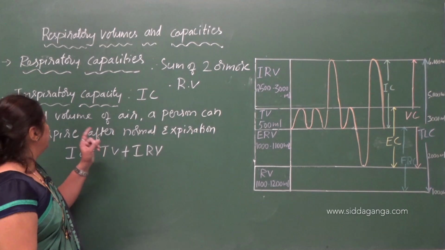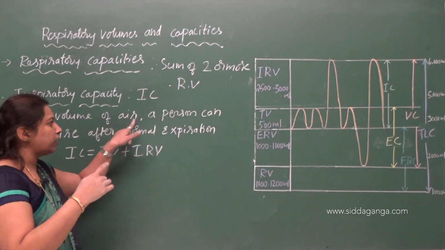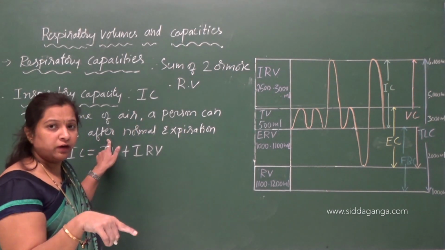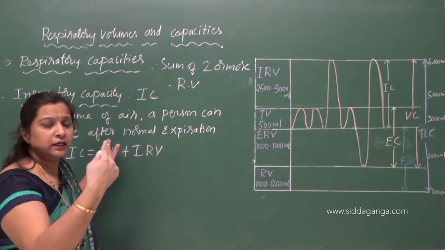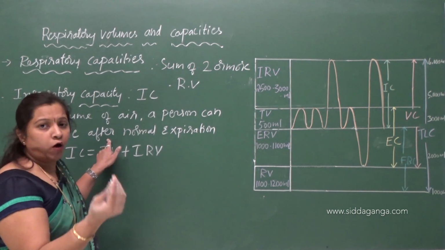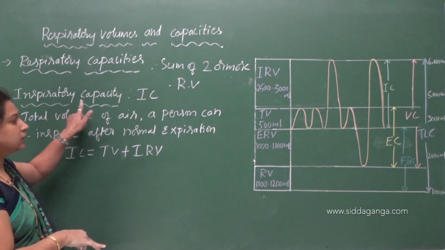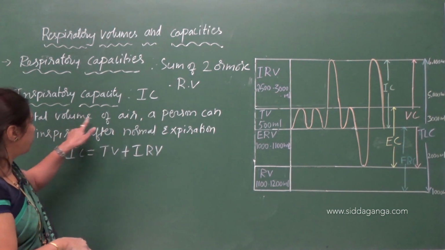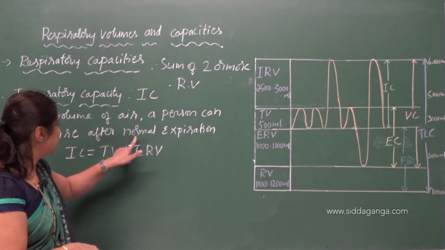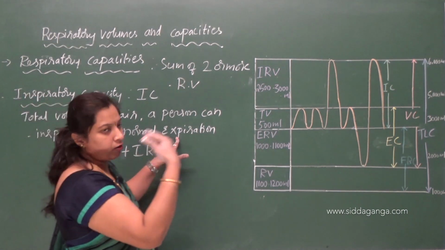See how we define inspiratory capacity: the total volume of air a person can inspire, whether we are breathing normally or forcefully. So the total volume of air a person can inspire after normal expiration.